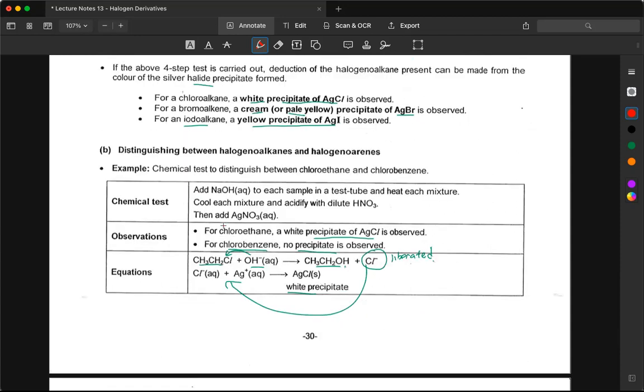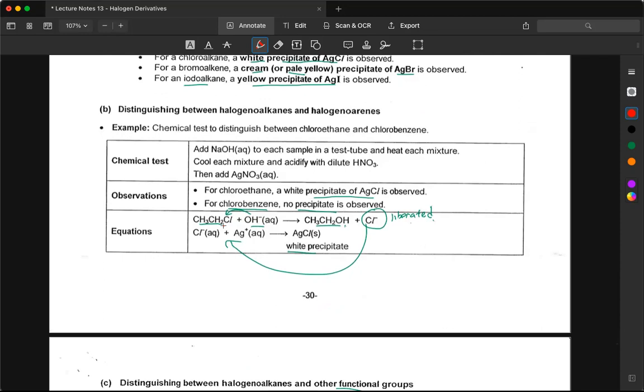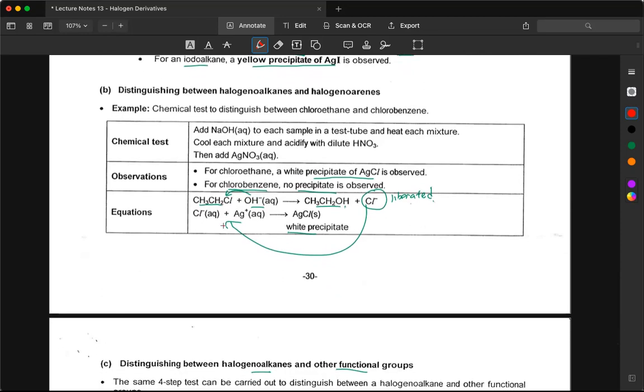To distinguish between chloroethane and chlorobenzene, what is the chemical test? We add sodium hydroxide to each sample and heat the mixture. Then we cool them down, acidify with dilute nitric acid and add silver nitrate. If the unknown is chloroethane, we will observe silver chloride.